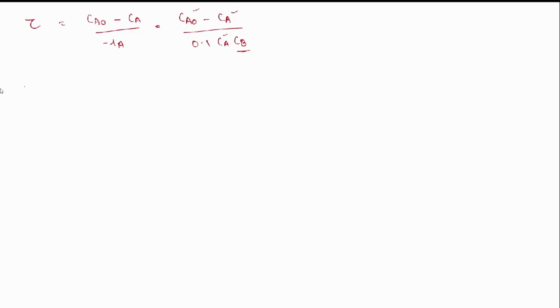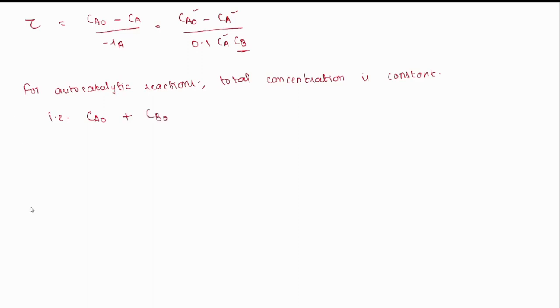So how can we find Cb here? For autocatalytic reactions, the total concentration is constant. So we can write this using this equation.